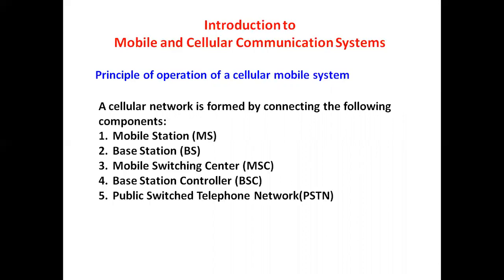A cellular network is formed by connecting the following components: mobile station, base station, mobile switching center, base station controller, and public switched telephone network.